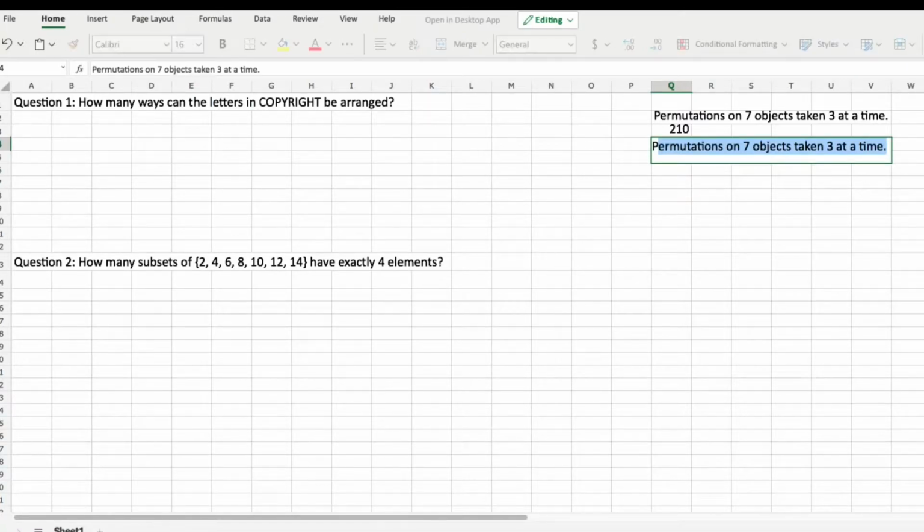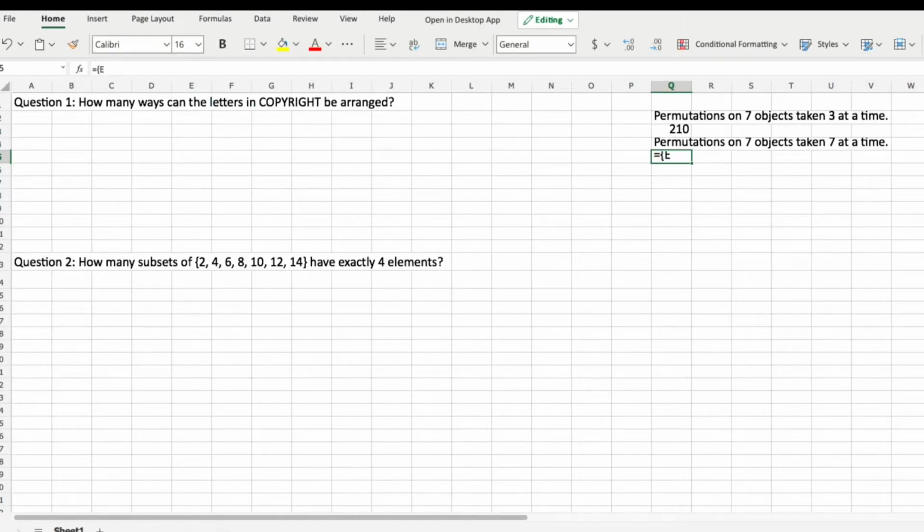Now, let's suppose that instead you were looking at the number of permutations on 7 objects where you're taking all 7 of them. Well, there's 2 ways to do this. One of them is you can use the same function we just used. So we type in permute, and then 7 comma 7, since we're taking all 7, and I got 5,040.